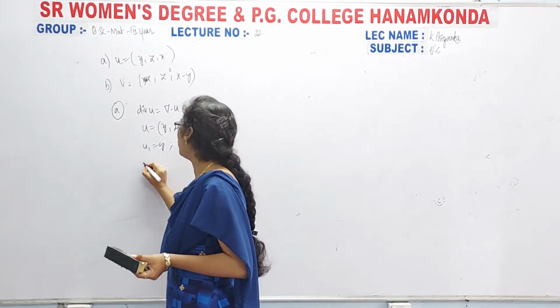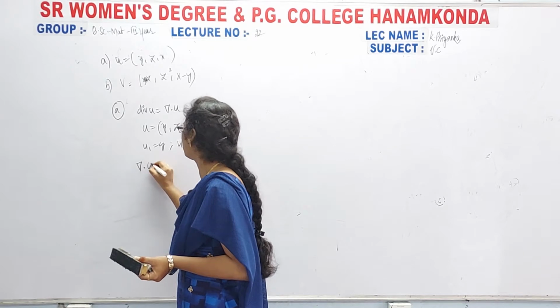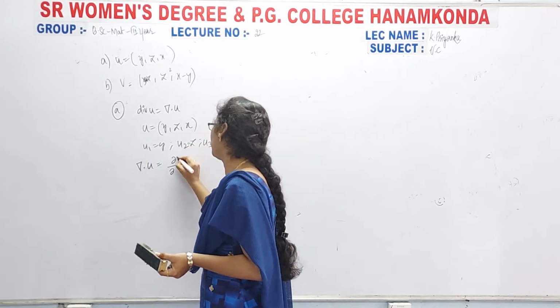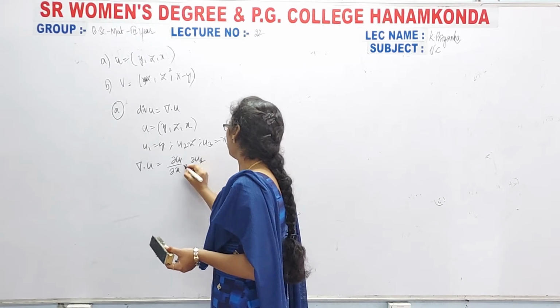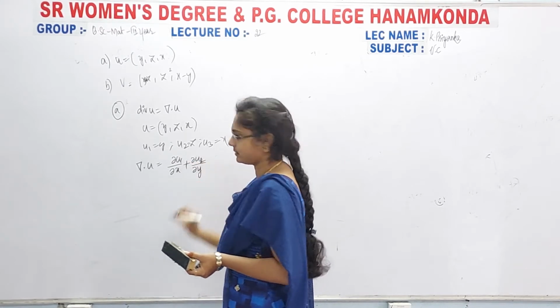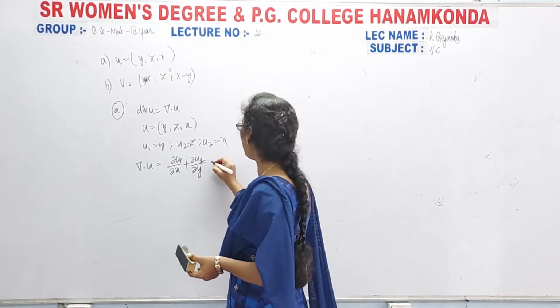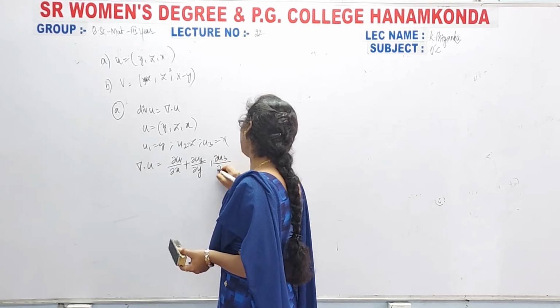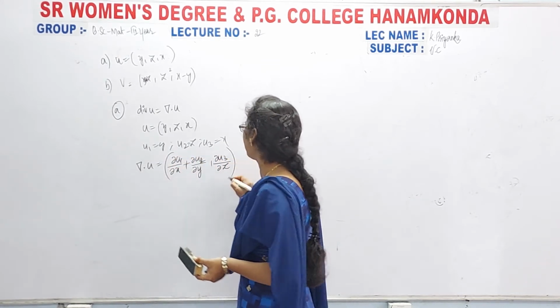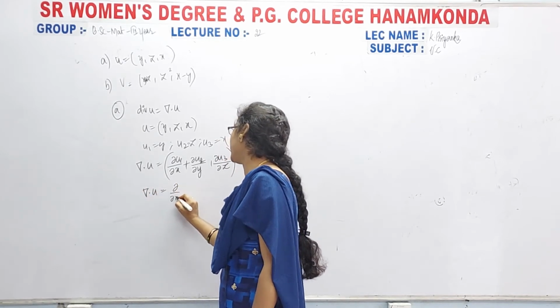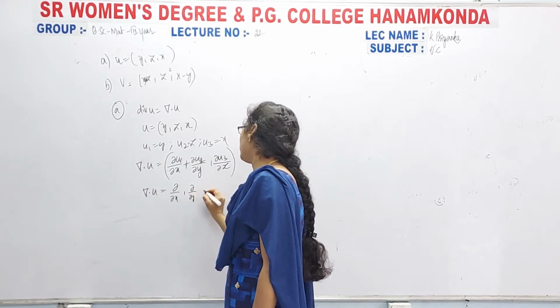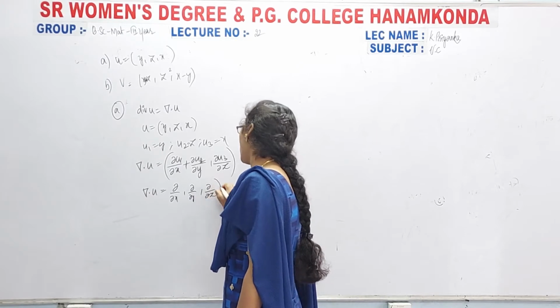Now divergence of u means dou u1 by dou x plus dou u2 by dou y plus dou u3 by dou z, or we can write the formula grad dot u is equal to dou by dou x comma dou by dou y comma dou by dou z of u.